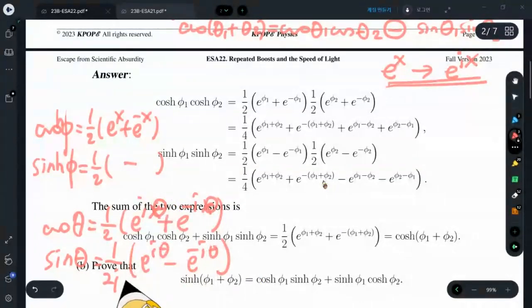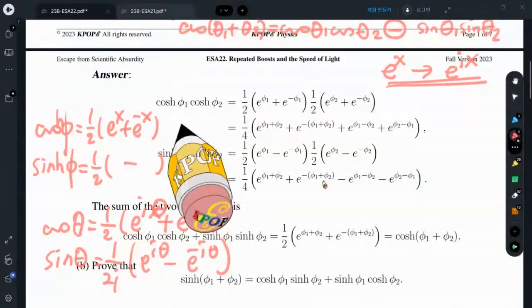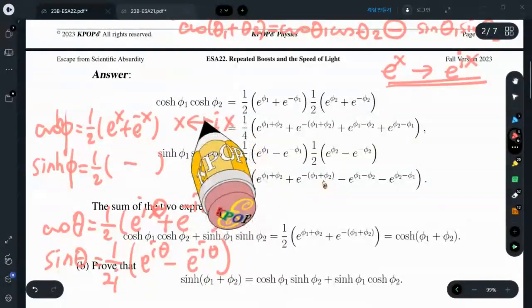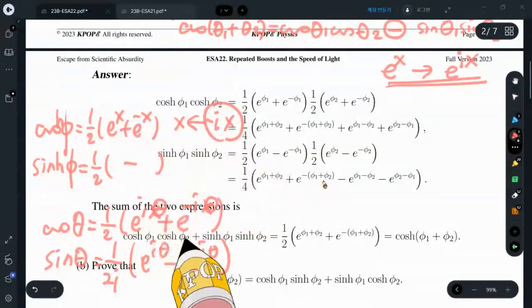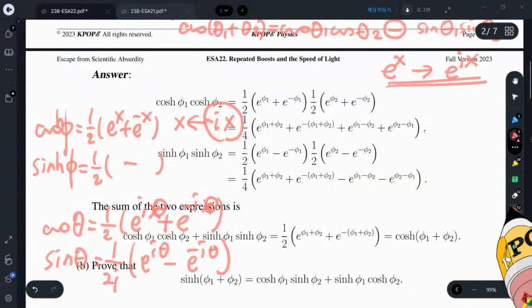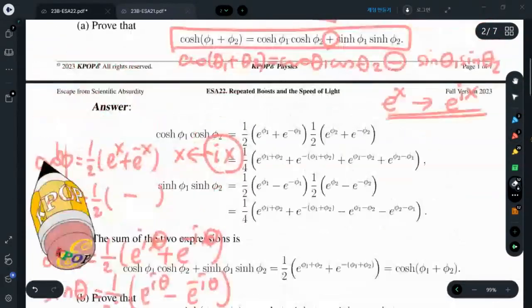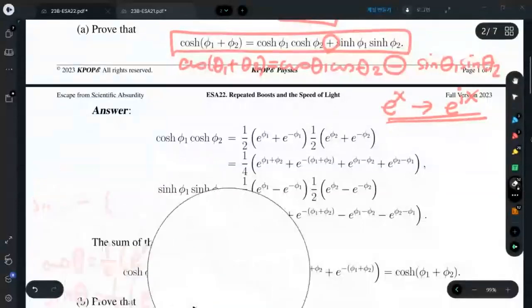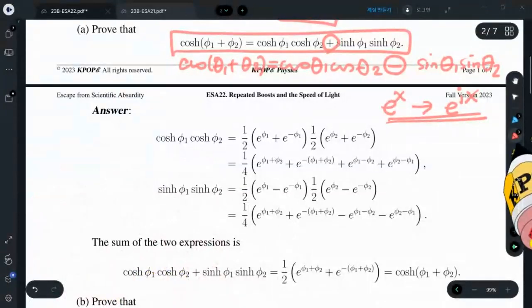They are very, very similar. If I substitute minus ix here, I obtain the same result. Anyway, let us forget about cosine and sine, and just focus on the hyperbolic function only.